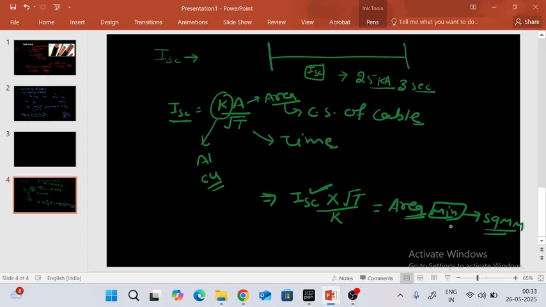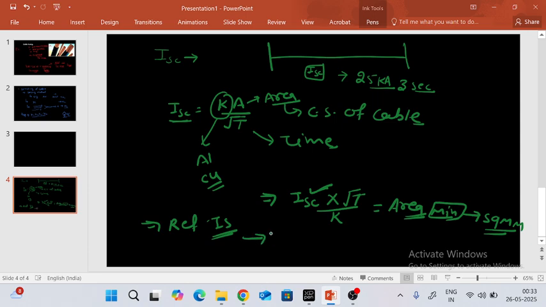Okay, and the values of K are different. If you refer to the IS code, there is a mention of the values of K. It's around 0.143 for aluminum and 0.93 for copper.